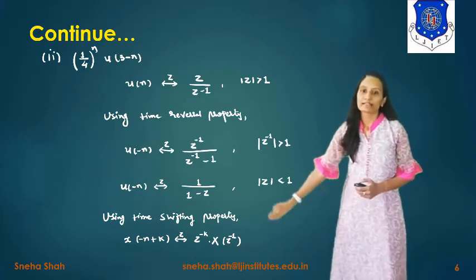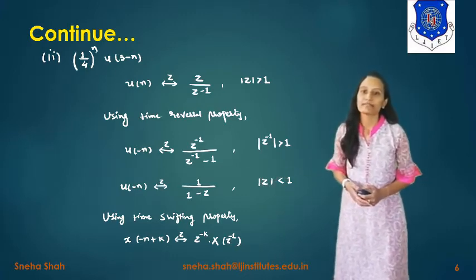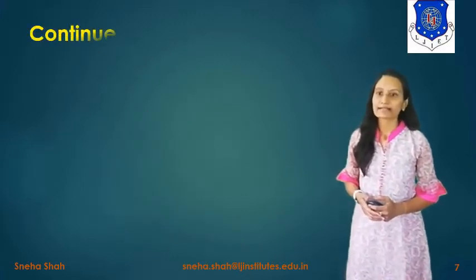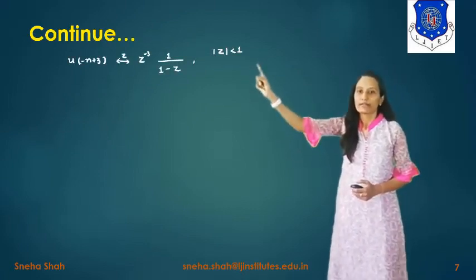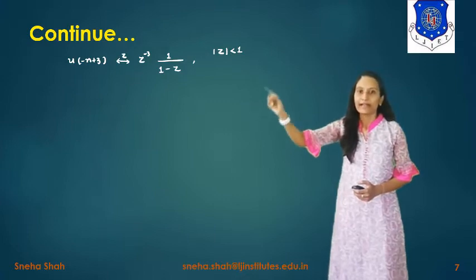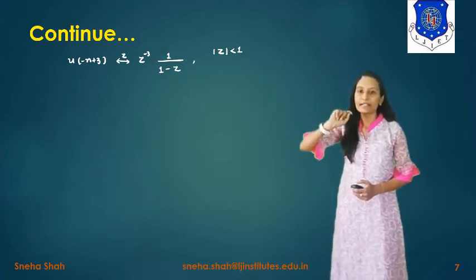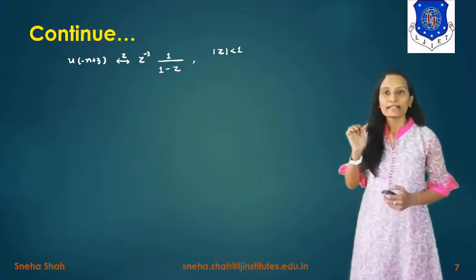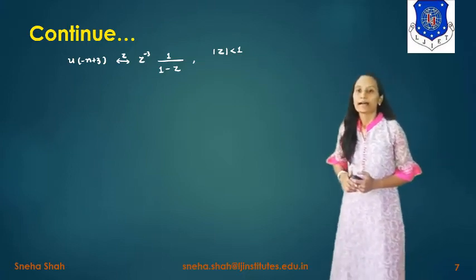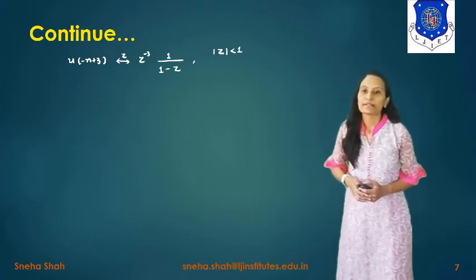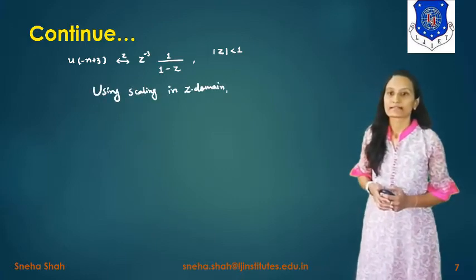Applying this rule over here, the next term u of 3 minus n has z transform z raised to minus 3, 1 upon 1 minus z, with mod z less than 1. In the shifting of the signal, there is no change in the ROC. Now, if we simplify this term, it gives z raised to minus 3 upon 1 minus z.